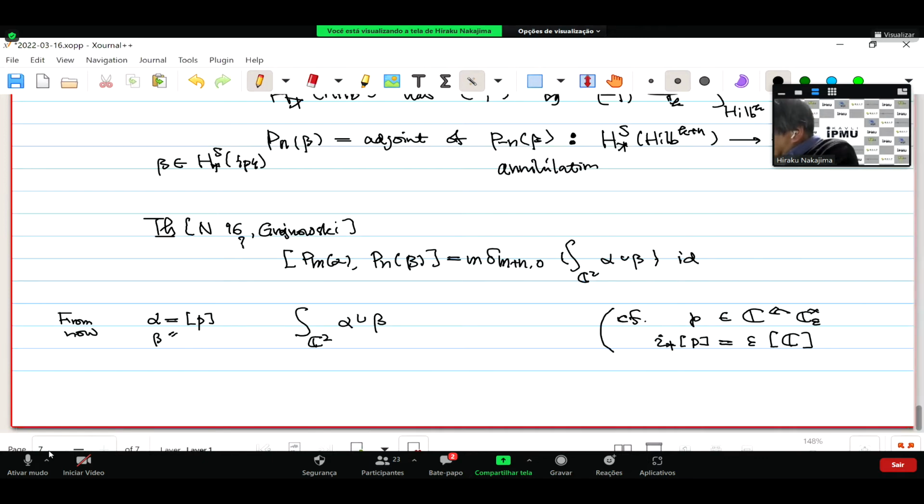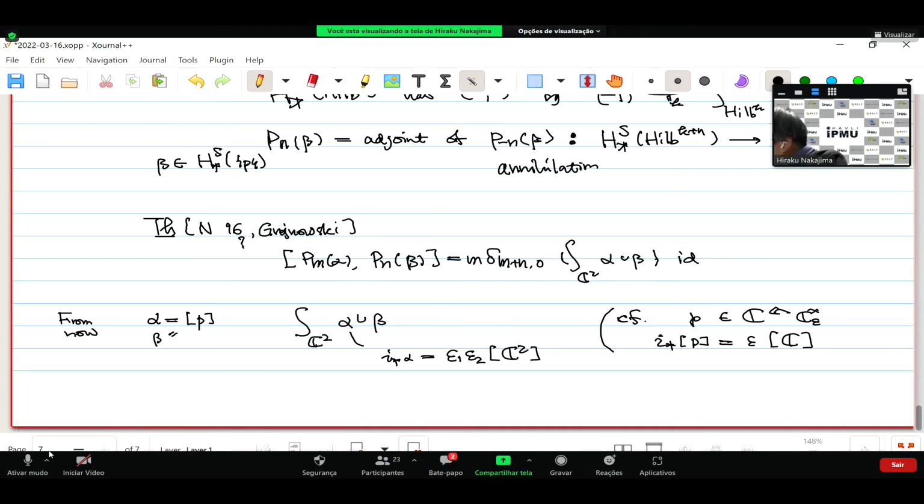So in our case, this alpha, or more precisely, I star of alpha, where alpha is P, is equal to epsilon 1 times epsilon 2 of theta. This becomes epsilon 1 times epsilon 2 because the tangent space is now two-dimensional.